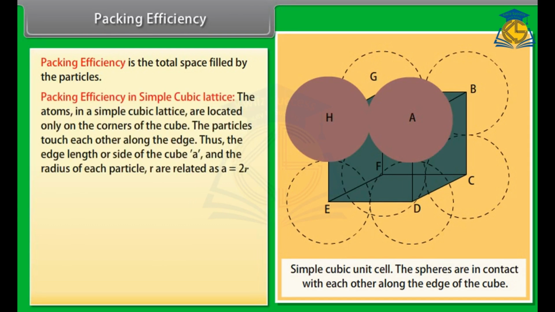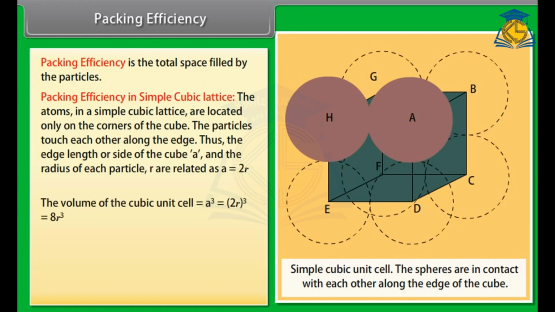Packing efficiency in simple cubic lattice. The atoms in a simple cubic lattice are located only on the corners of the cube. The particles touch each other along the edge. Thus, the edge length or side of the cube a and the radius of each particle r are related as a = 2r.